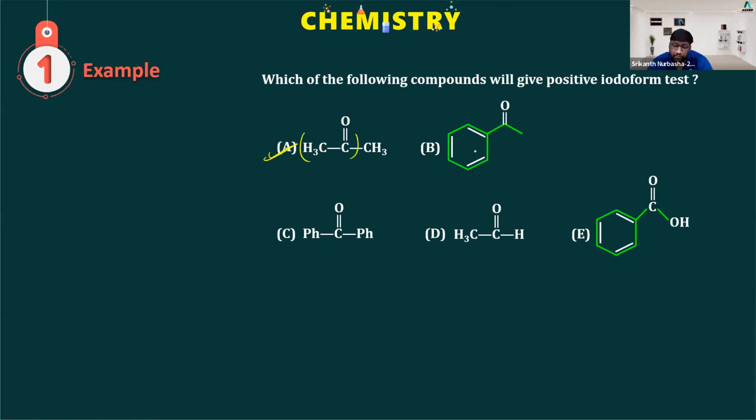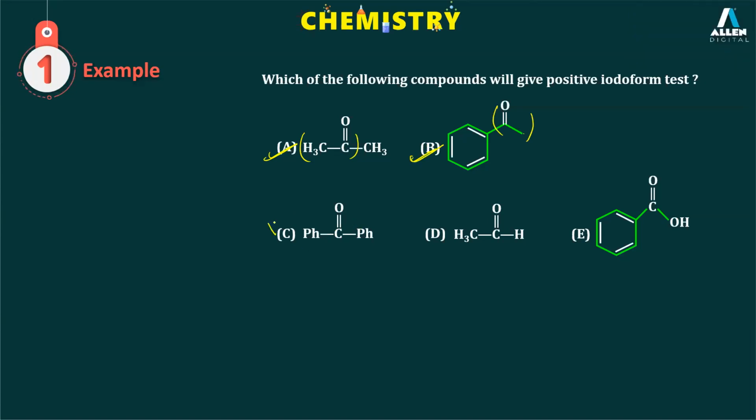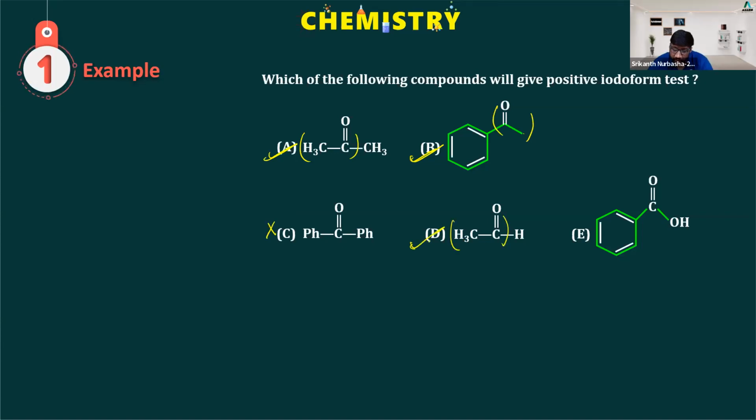Compound B, yes, the CH3 C=O group is there, so it will also give. Compound C, PhC=OPh, no, sir, it will not give. Compound D, CH3 C=O group, it will give? No, it will not give because it is already a carboxylic acid. So you will get A, B, D as the right options. A, B, D.